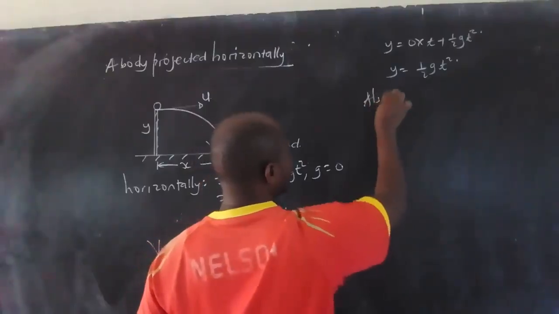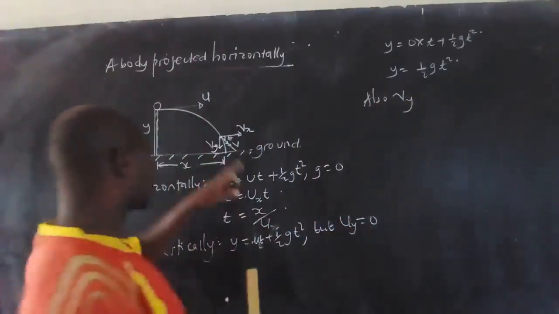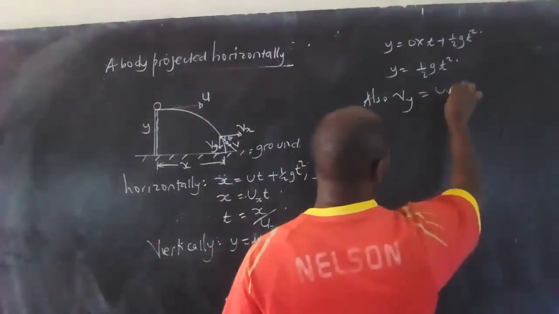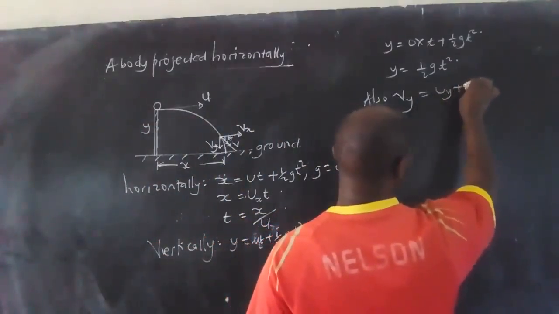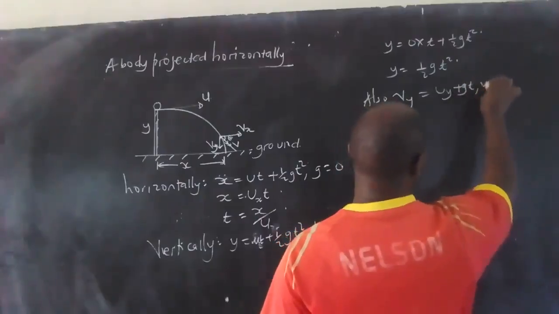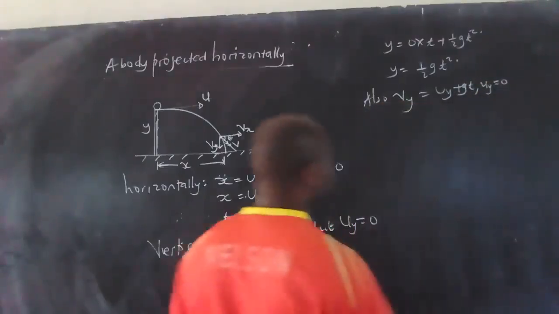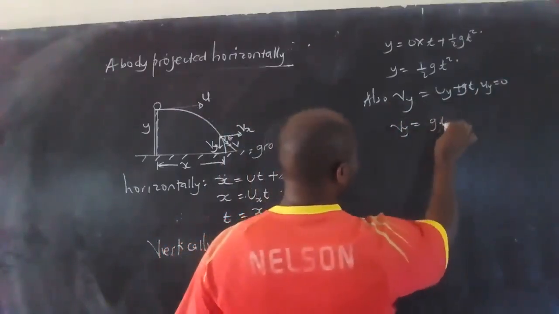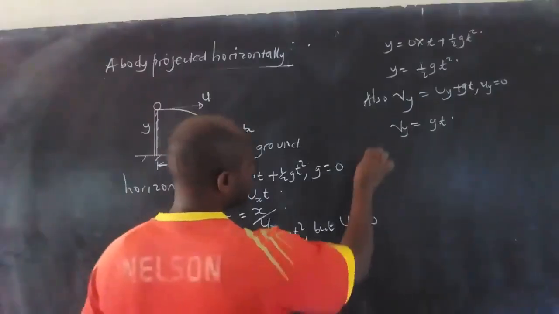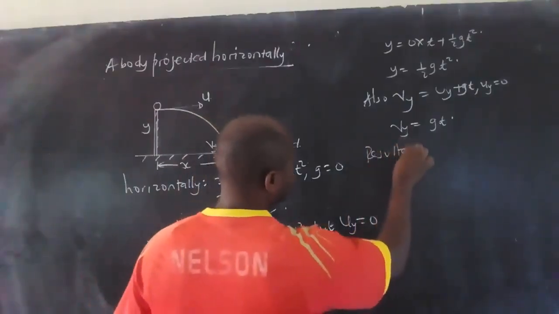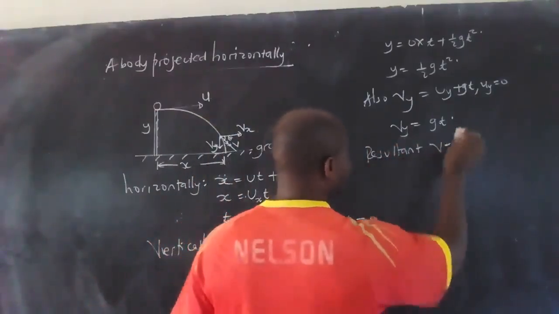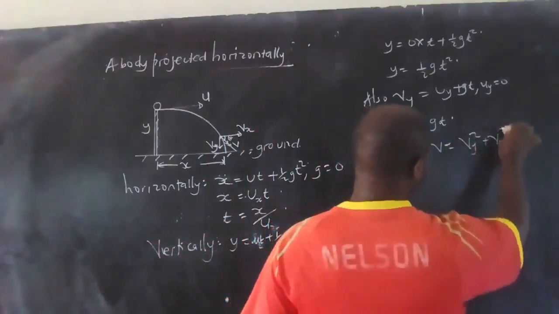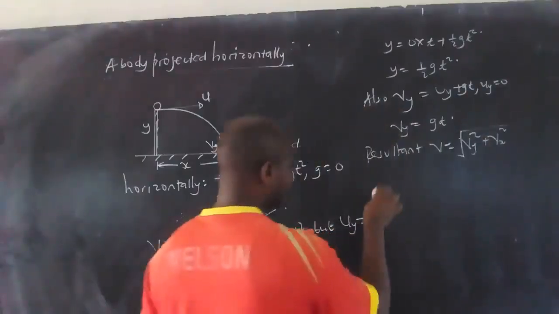Also, this velocity as it is hitting the ground, we shall say is equal to uy plus gt. But our uy is equal to 0 as we've already seen. So vy will become gt. The resultant v will become the square root of vy squared plus vx squared.